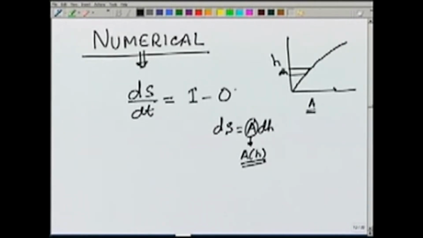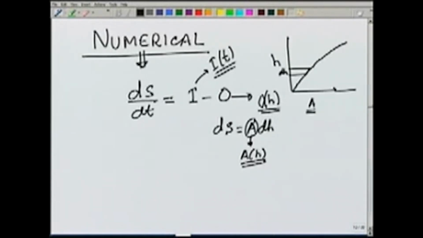O is the outflow, which we have already seen will be a function of h, and I is the inflow, which is a function of time. So, we get a differential equation in which the area is a function of h, outflow again a function of h, the inflow is a function of time.